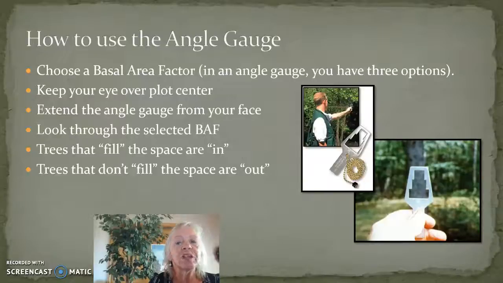You look through the selected number, again 10 in this case, and in this bottom right-hand picture, if the tree fills this space right here, it's considered in, and if the trees do not, if it's skinnier than this size right here, then the tree is out.